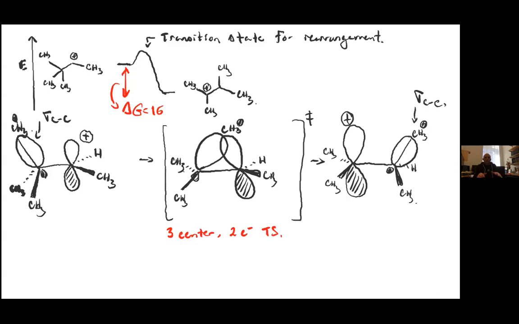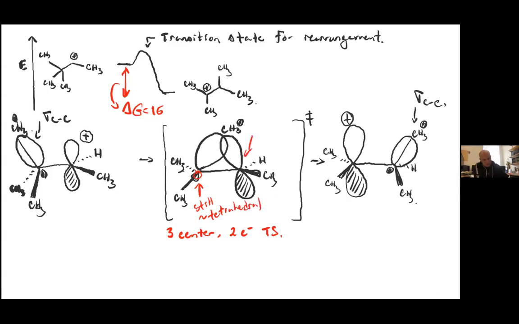And the transition state, because the secondary cation is higher in energy, looks a bit more like the secondary cation. We're not going to split hairs on this, but it looks more like the secondary cation. So you've got approximately still tetrahedral geometry at the carbon bearing the migrating group.